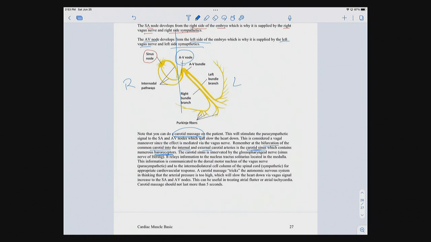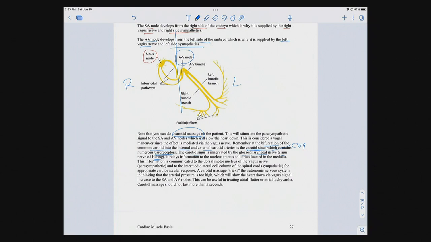What's going to go on here is that the carotid sinus is innervated by the glossopharyngeal nerve, cranial nerve 9, and that particular nerve is called the sinus nerve of Hering. It is an afferent fiber. In other words, it is basically there to sense something at the carotid sinus, and what it's sensing, of course, is pressure.